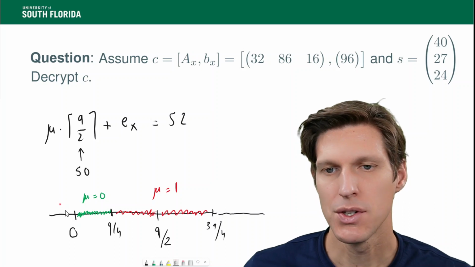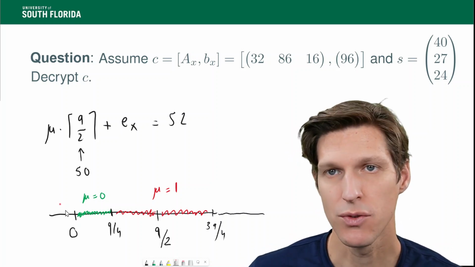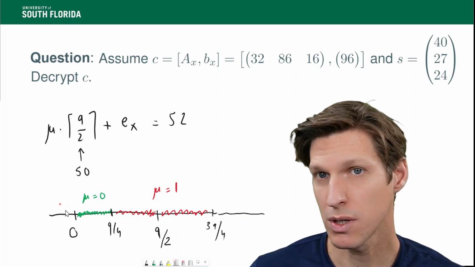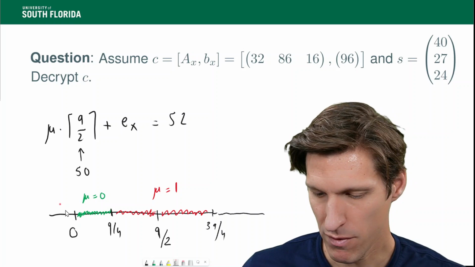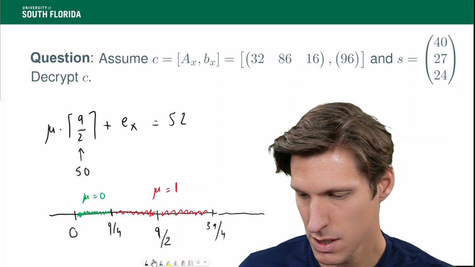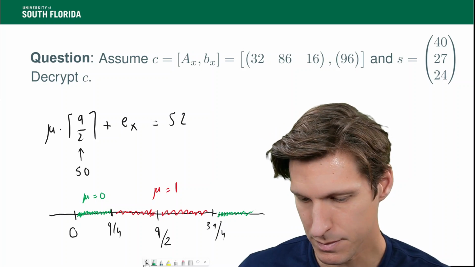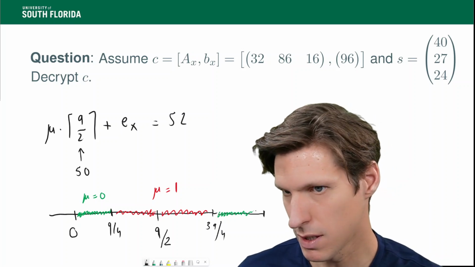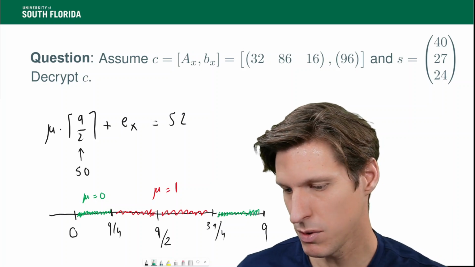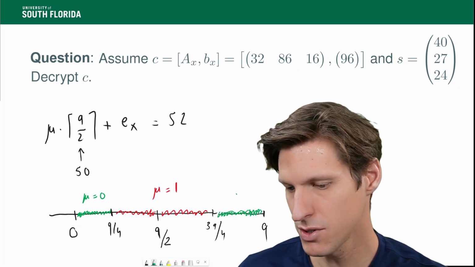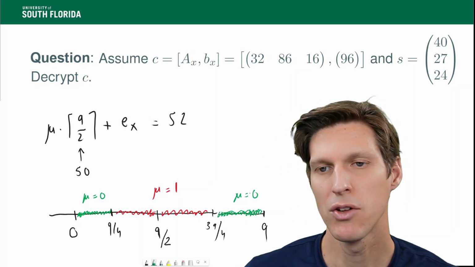So if you had, say, -1, which is also very close to 0, surely within distance Q over 4 of 0, it's going to move things between 3 times Q over 4 and Q. Let me write down here Q. And so everything here is also mu equals 0 if you've reduced modulo 101.